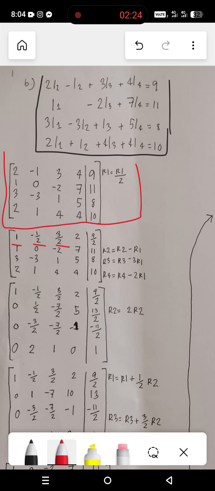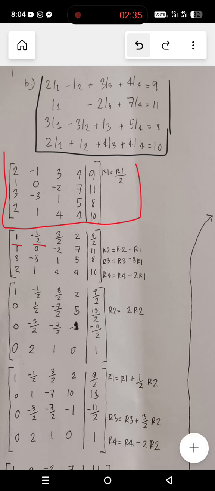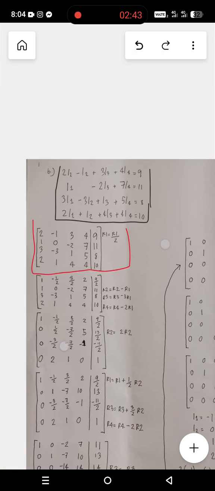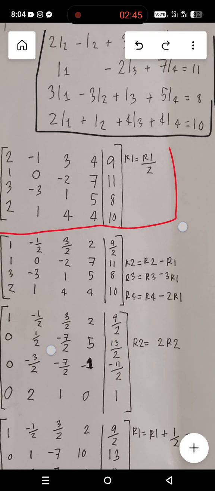And 4 divided by 2 is equal to 2. And 9 divided by 2 is equal to 9 over 2. And that is how we perform the first step of the Gauss-Jordan elimination.